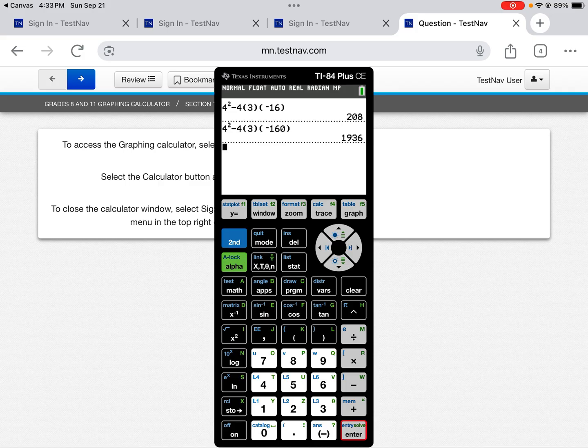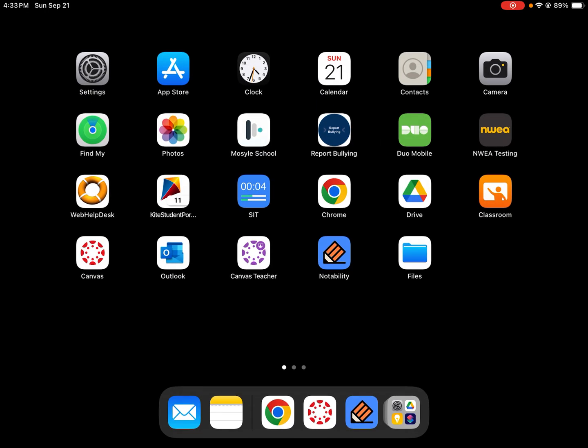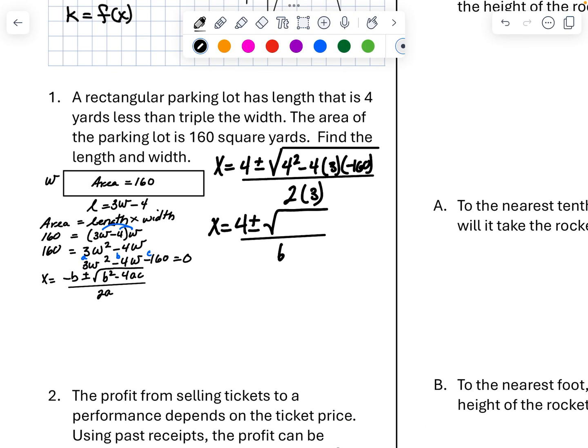I'm going to get 1936. So if I come back here, this is 1936. So then I say x equals 4 plus and minus, and I hope that the square root of 1936 is an integer, and it is. It is 44. Yay, winner, winner, chicken dinner.